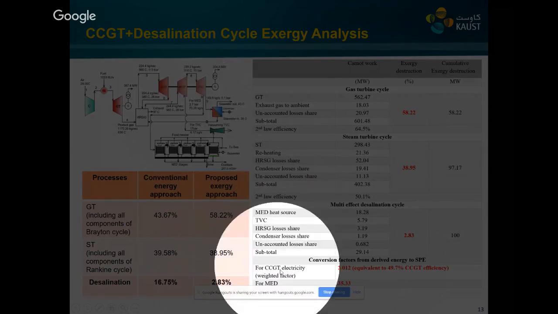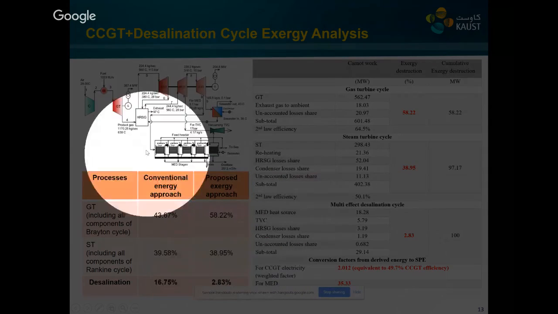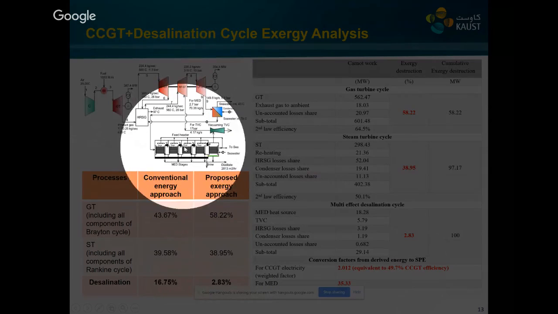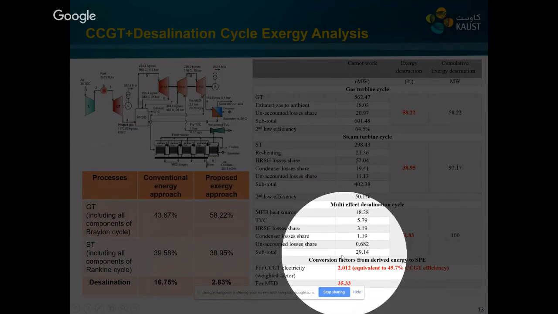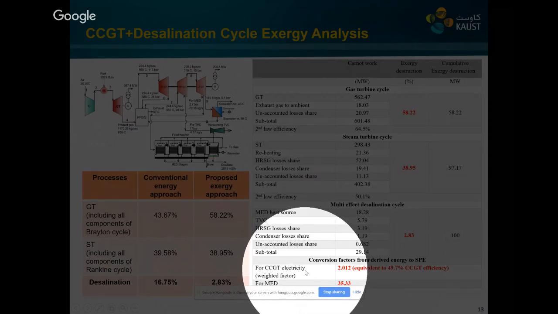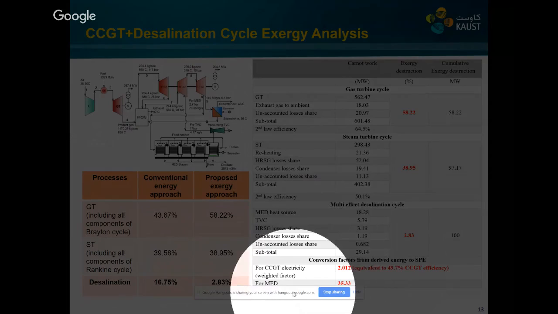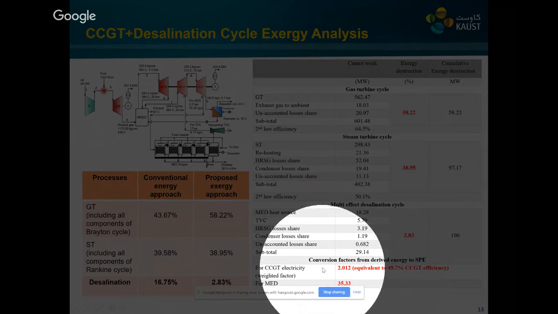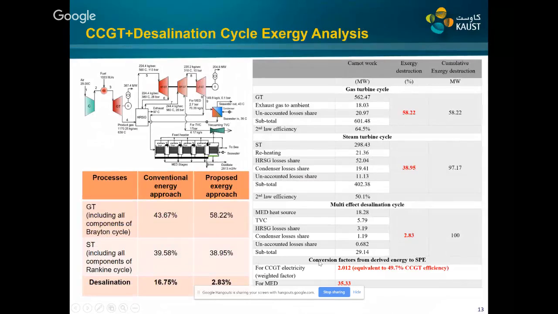In other words, by consuming 1 unit of the primary fuel, we can produce 35 units of low grade steam that is required to run the thermal desalination process. So now we have developed the conversion factors where we can convert the electricity into primary energy and the thermal energy into primary energy. By converting these, we can add up and compare the processes.